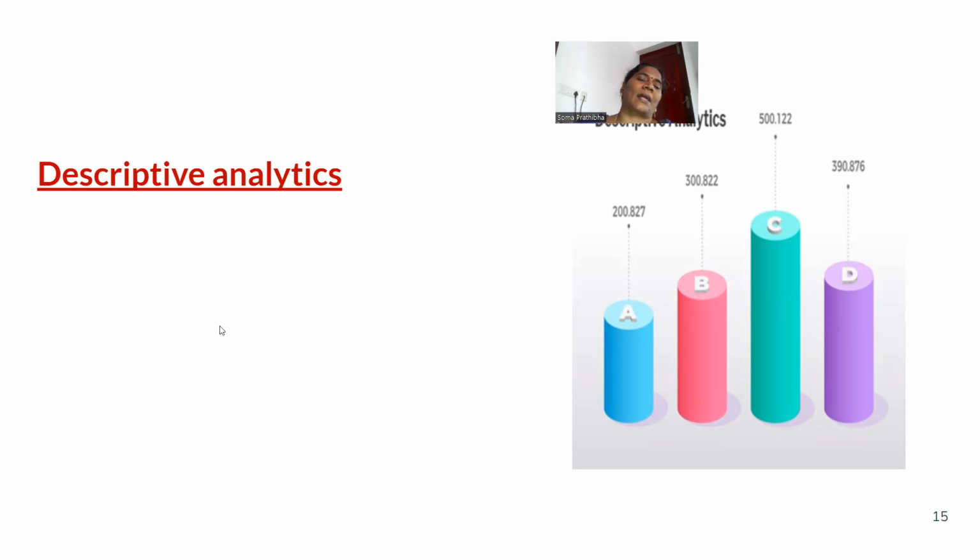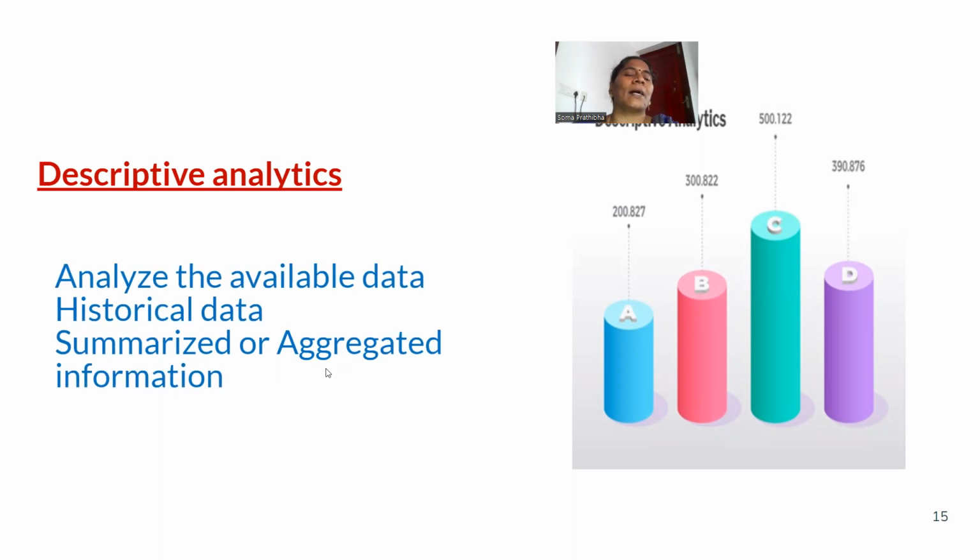So you just describe the data. You apply summarization or aggregation on the historical data to get your results, just aggregated information, not more than that. Here you can see each product and its sales data.